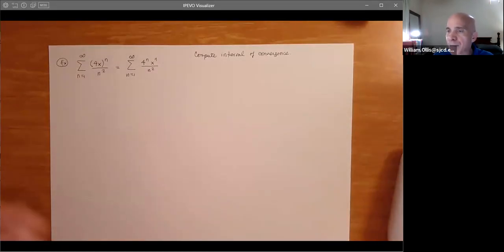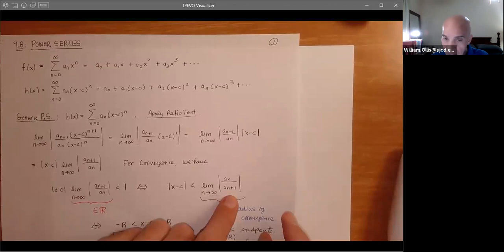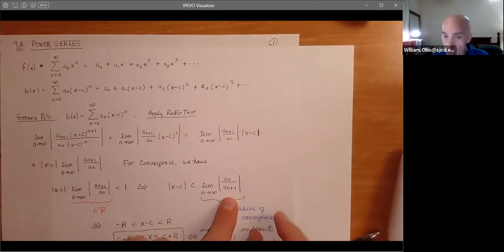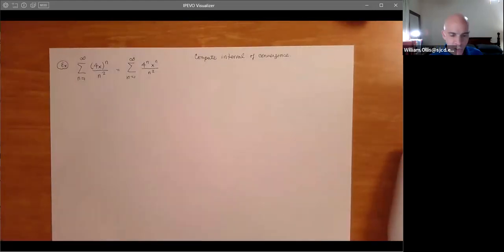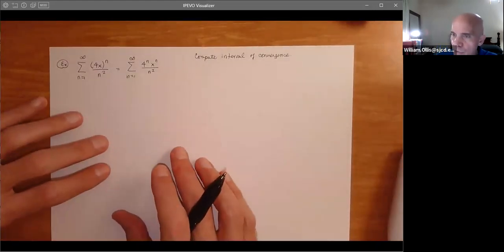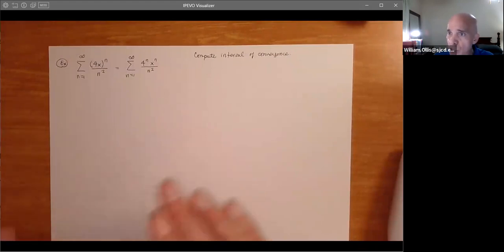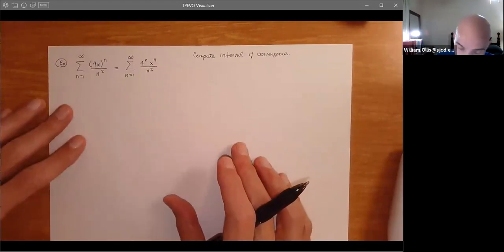So again, this is all tied together, and it's probably best to just jump into it, apply the ratio test, and work with it. We do have an actual formula for the radius of convergence here. That's an actual formula that you can use. But I found that in some cases, students get a little ahead of themselves, and it's probably better just to go ahead and apply the ratio test directly.